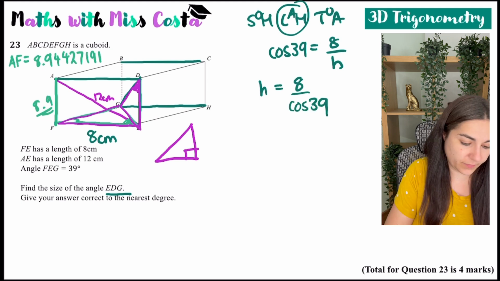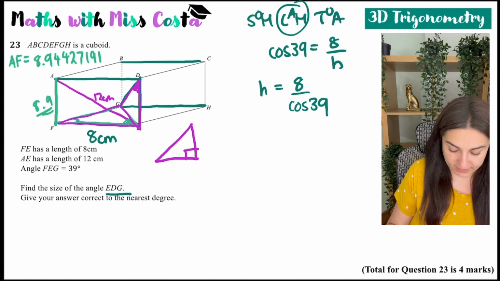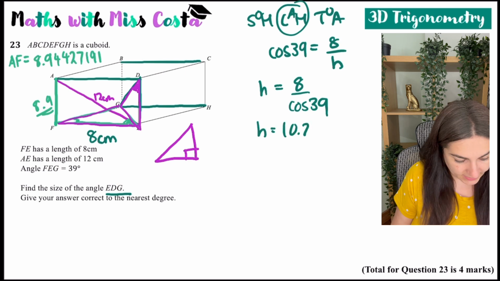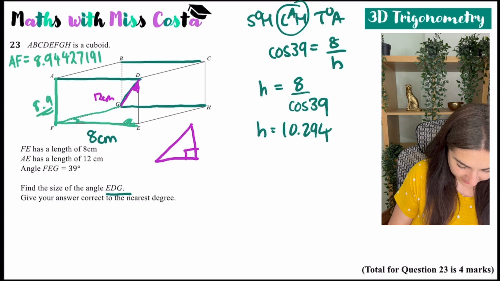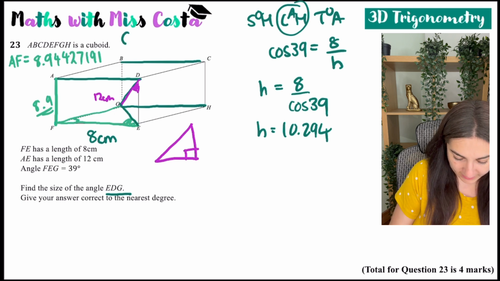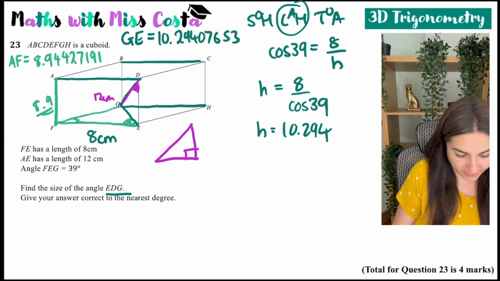So 8 divided by cos 39 equals 10.294. So I know that, what was that letter here? GE. Okay, so I know that GE is 10.29407653.